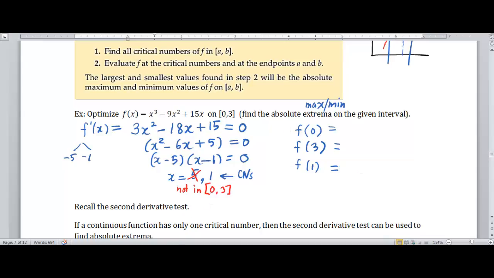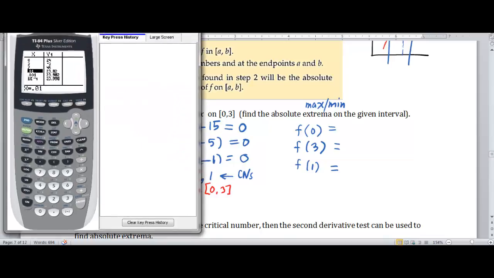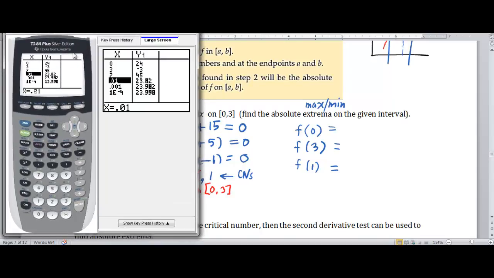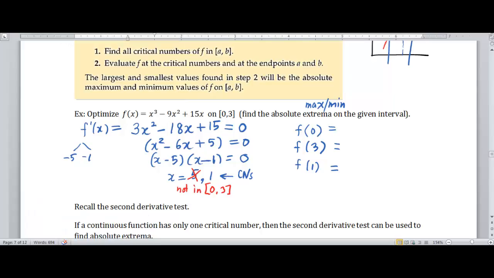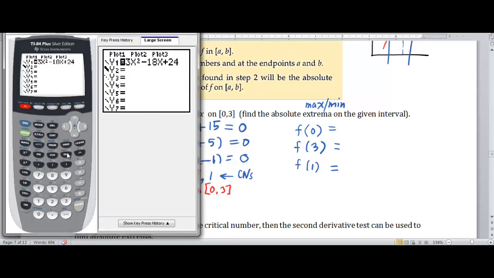What are we doing? We're plugging these into the original function. So let me pull up my calculator here. Let's do y equals x cubed minus 9x squared plus 15x.